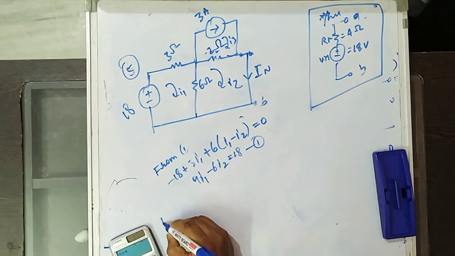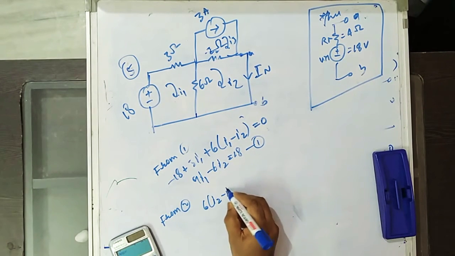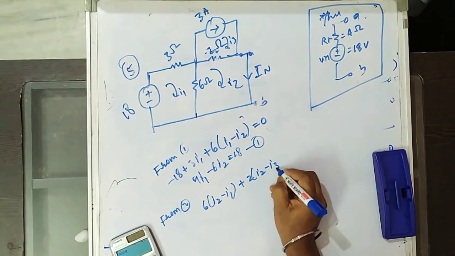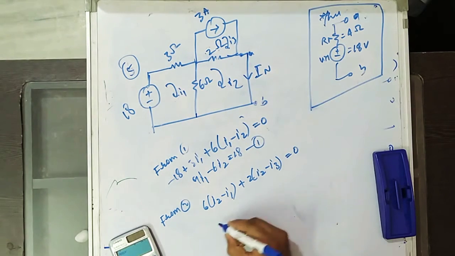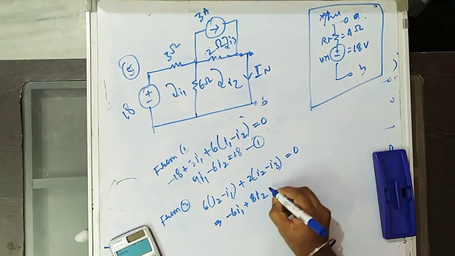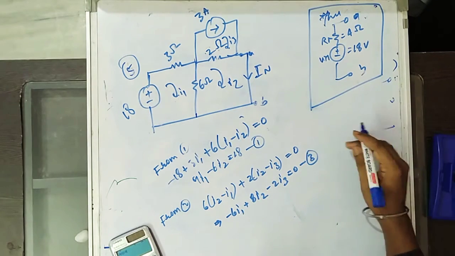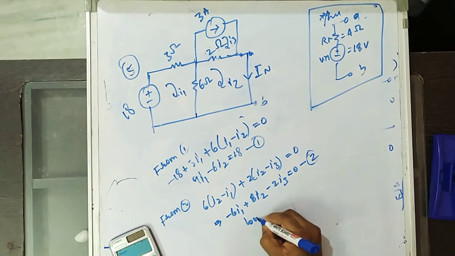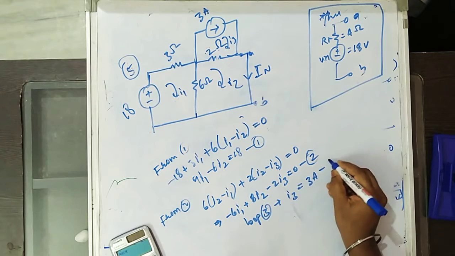From loop 2 we have 6 into (I2 minus I1) plus 2 into (I2 minus I3) plus 2 equal to 0. Solving, we get minus 6I1 plus 8I2 minus 2I3 equal to 0. From loop 3 we have I3 equal to what? 3 amps.